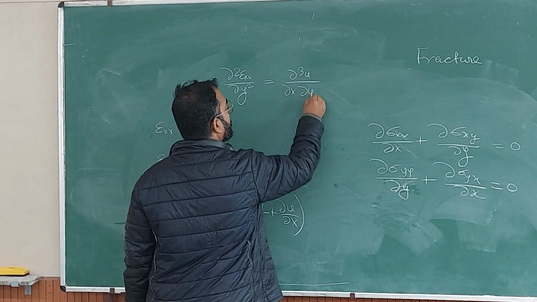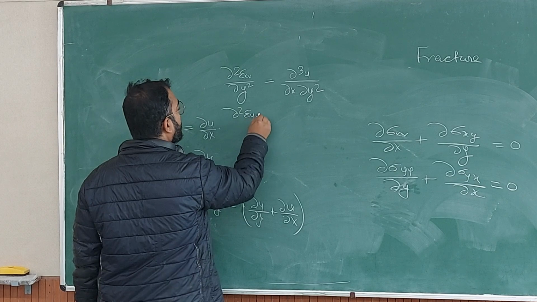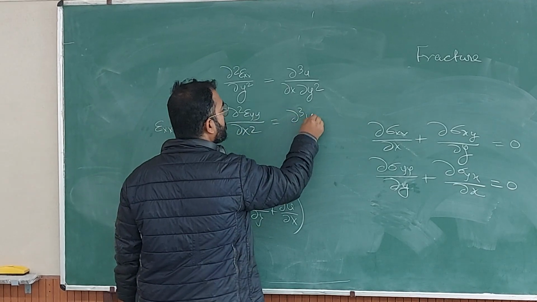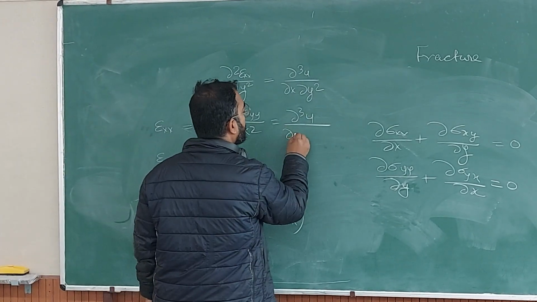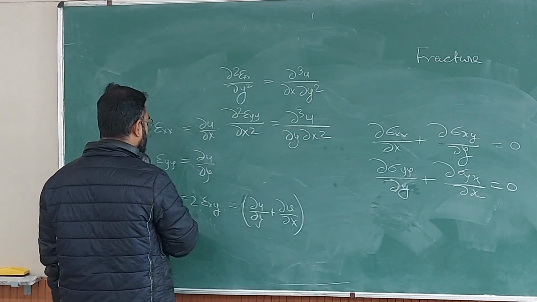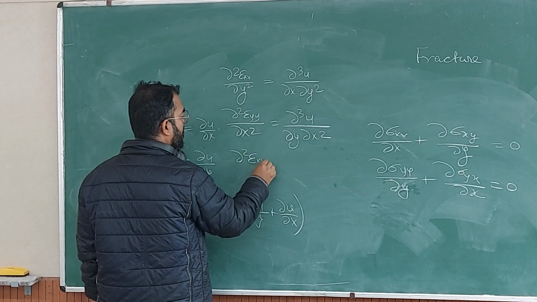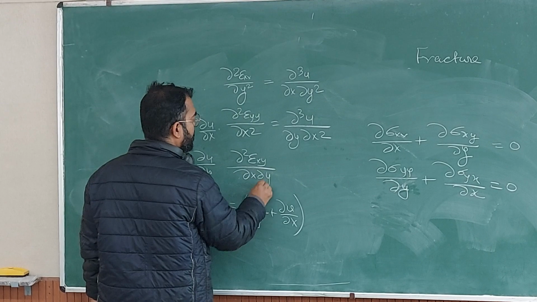Then epsilon yy with del x square will be del 3v divided by del y del x square, and then epsilon xy divided by del x del y.